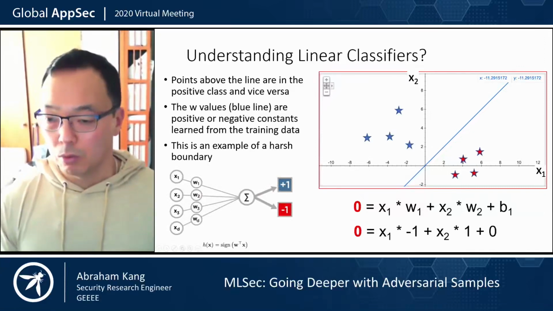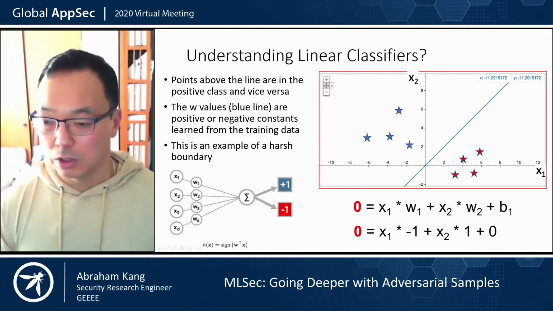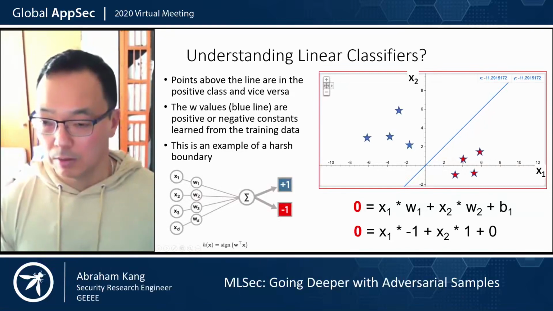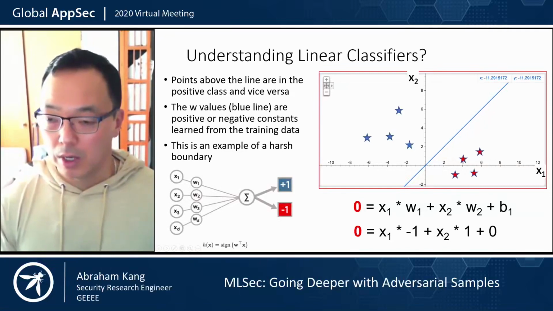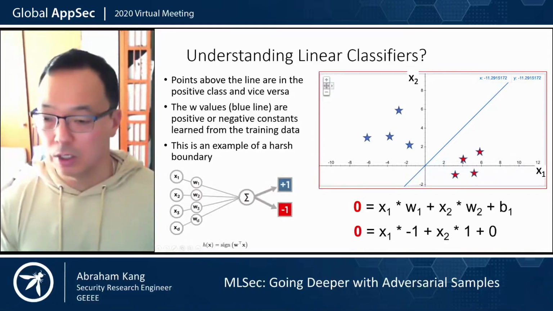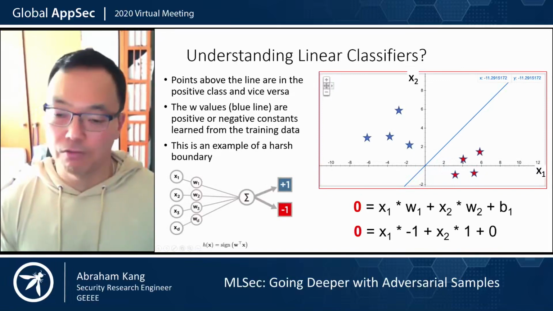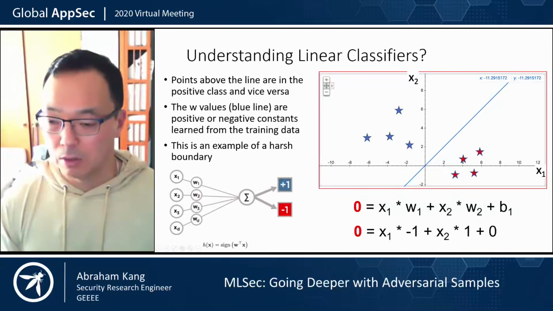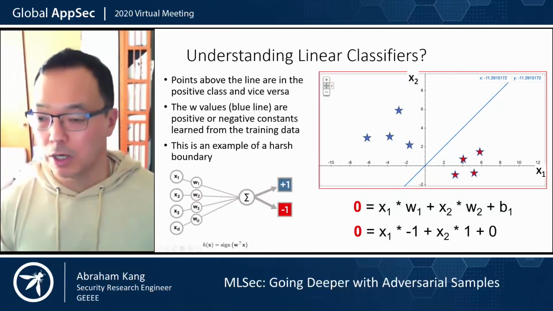The way a linear classifier works is you take the points that you want to classify, like this point here, x equals -2, y equals 2, and you plug it in. So -2 times -1 is +2, plus 2, plus 1. That's a 4. Because a positive number comes out when we plug in our values, we say this point is in the positive class.